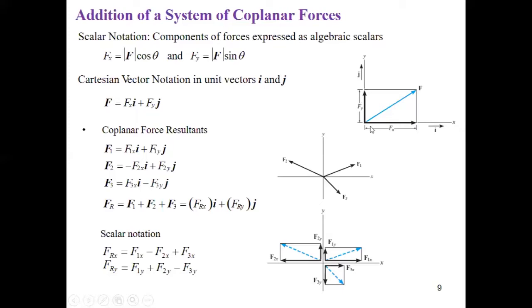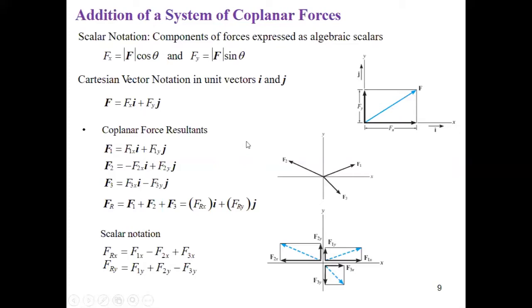So what is the value of Fx? Fx equals, what is this length? This is the magnitude of the force, F or modulus F. So Fx will be modulus F cos theta, if this angle is theta. Okay? And then Fy will be F sin theta. So we can represent this vector F in terms of Cartesian components, Fx i plus Fy j.